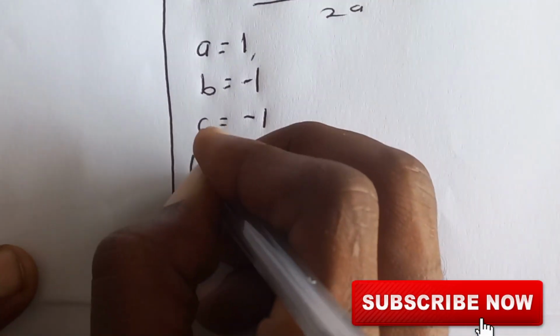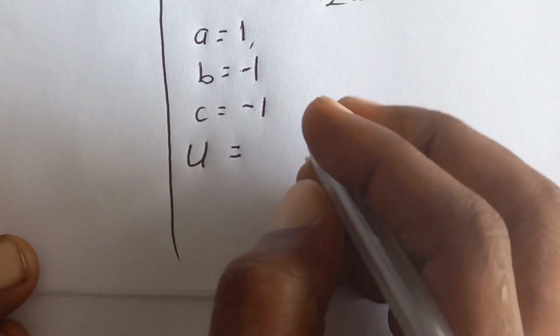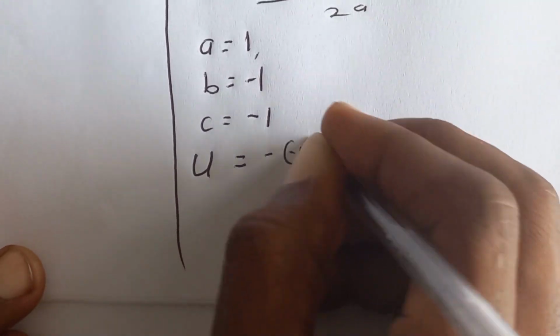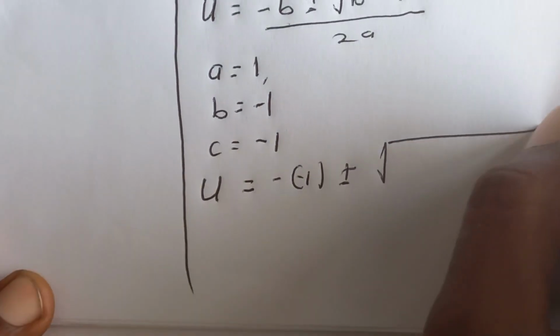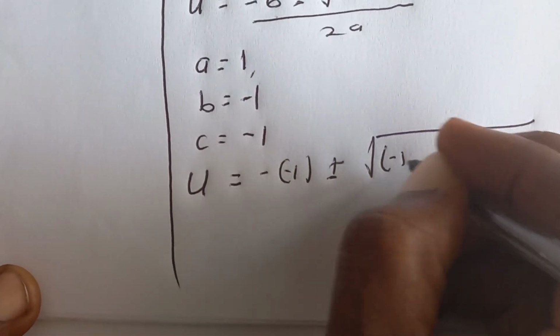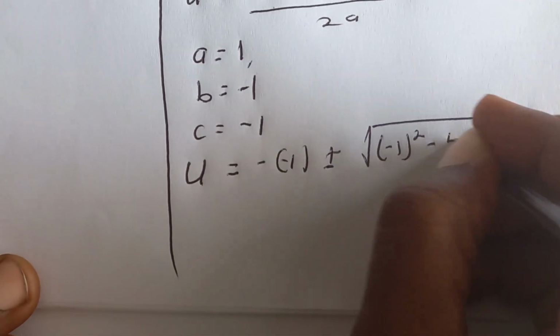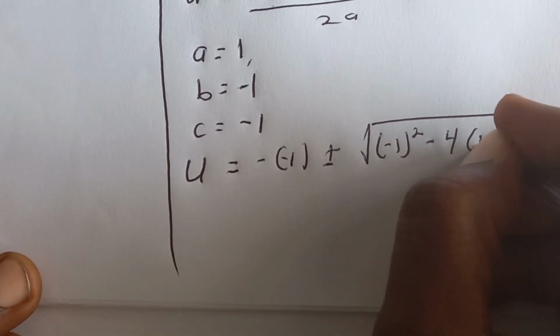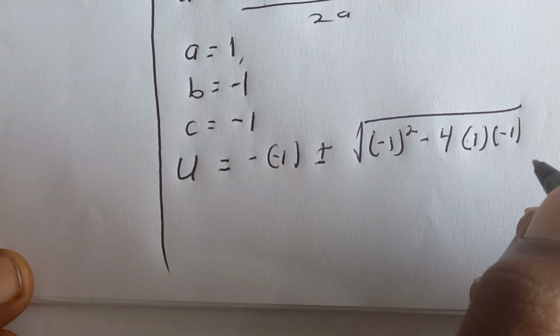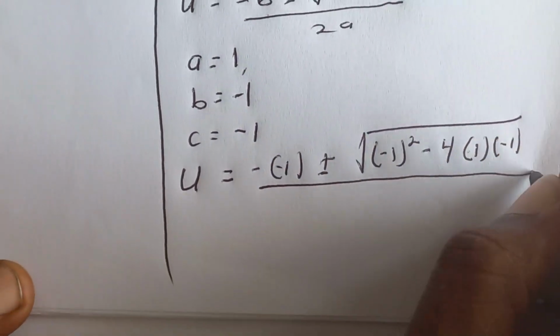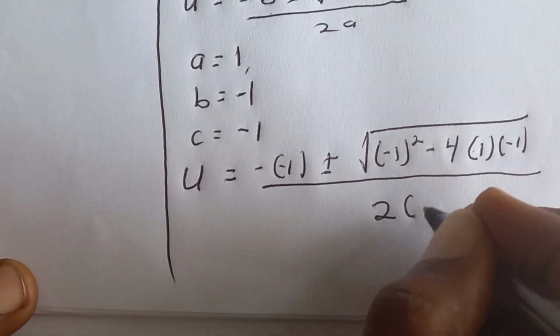So u is equal to negative of negative 1 plus or minus root of negative 1 squared minus 4 bracket 1 multiplied by negative 1, all over 2 into bracket 1.